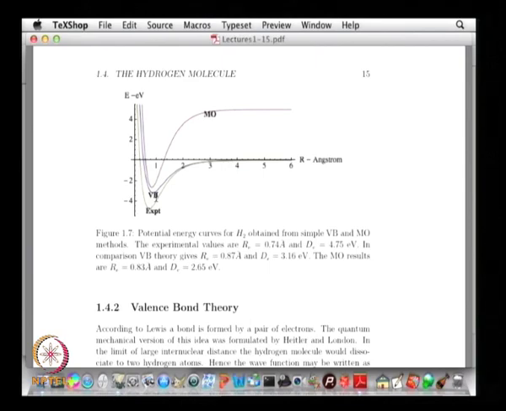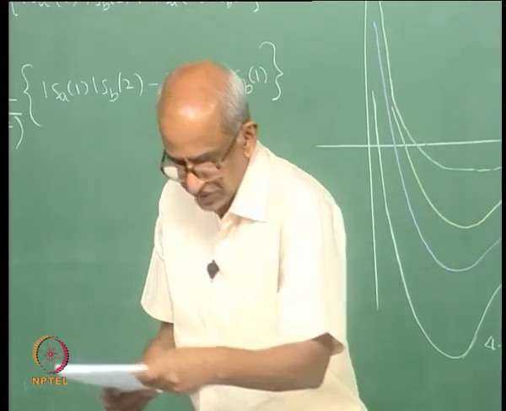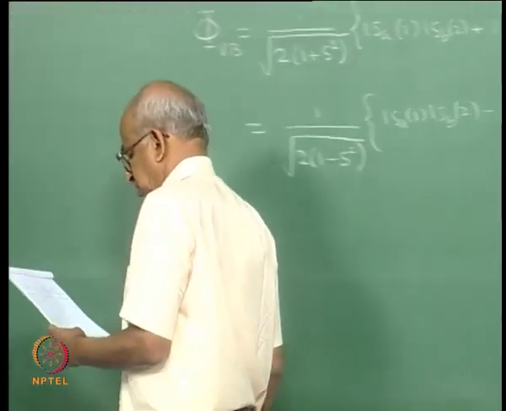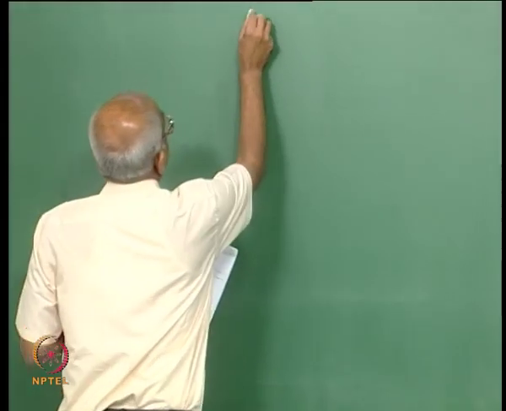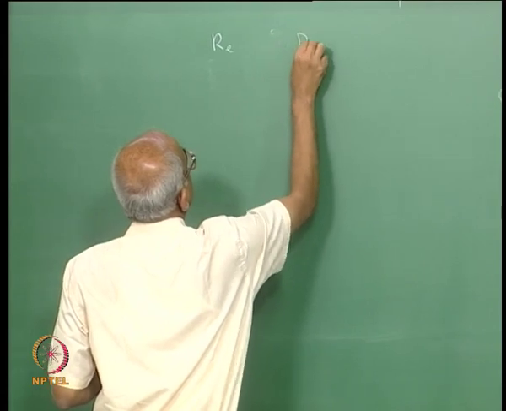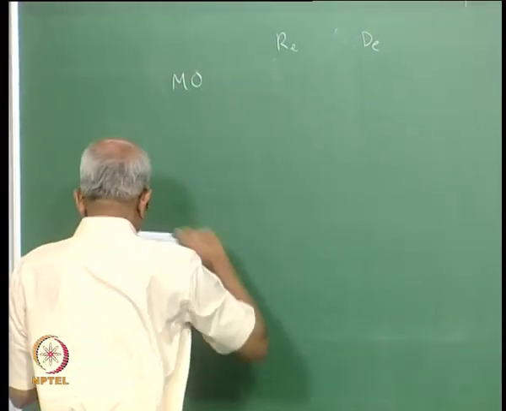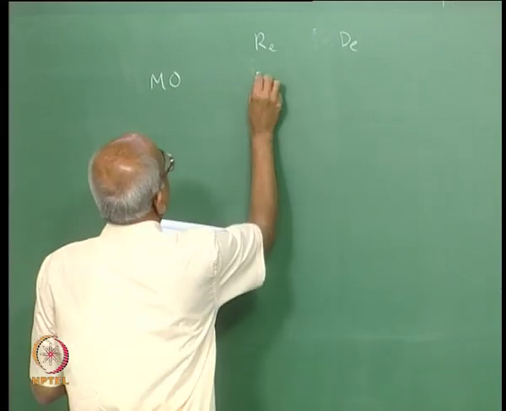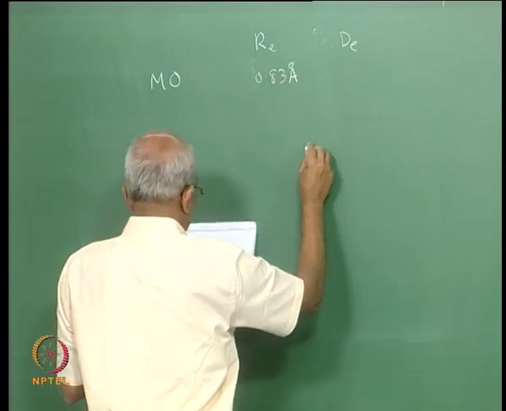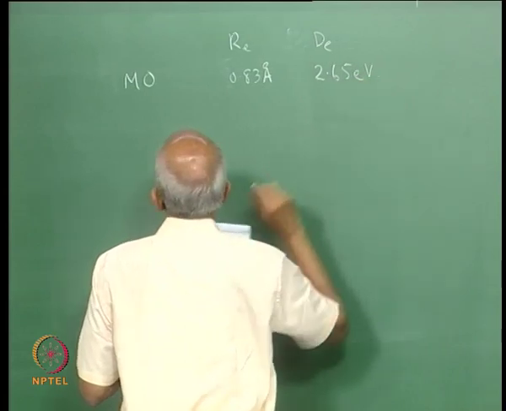Let me tell you the value of dissociation energy as well as the bond length. I will list the values of Re and the dissociation energy. Simple MO theory, which we have discussed earlier, gives you Re to be 0.83 angstroms and dissociation energy to be 2.65 electron volts.